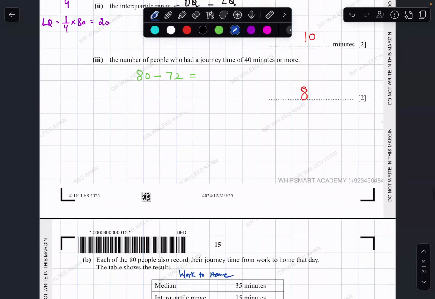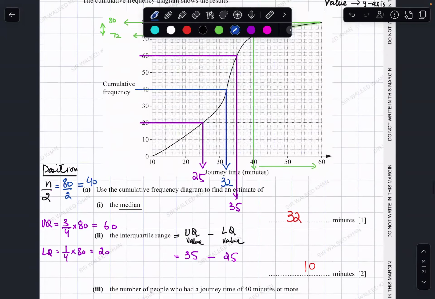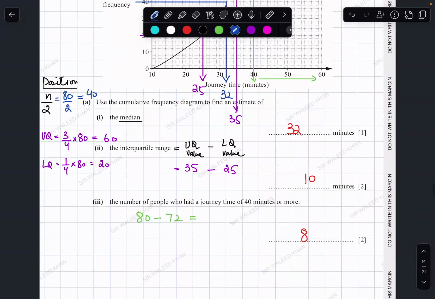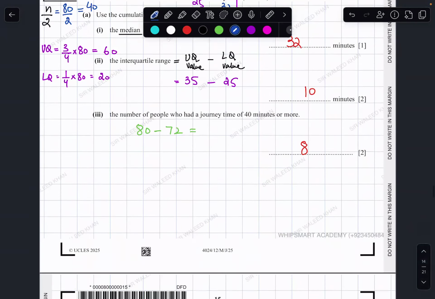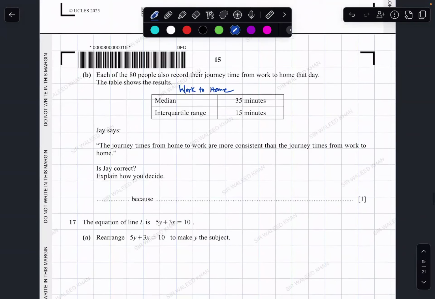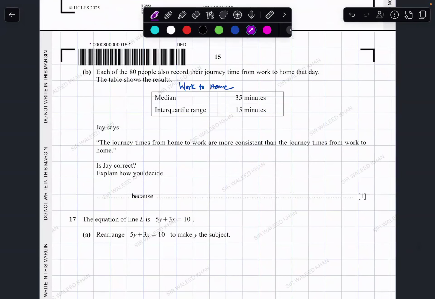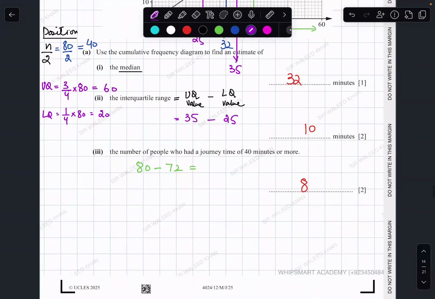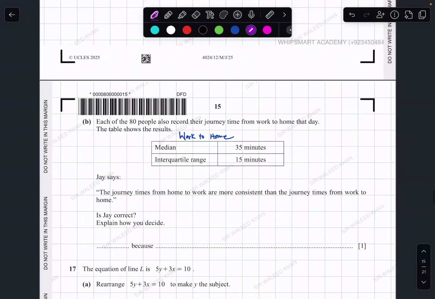Okay. And what was that? Home to work. For home to work, our median was 32 and interquartile range is 10.